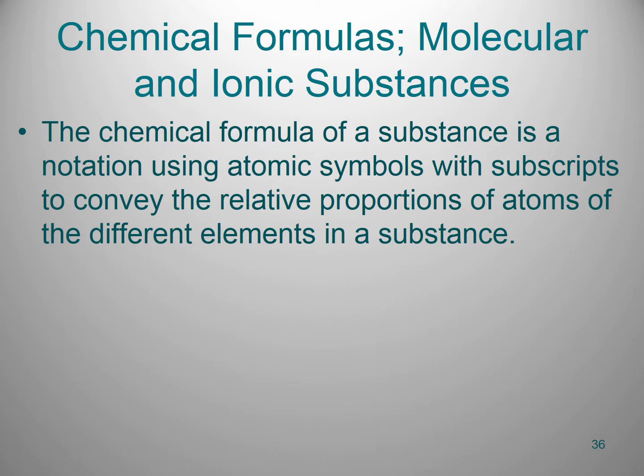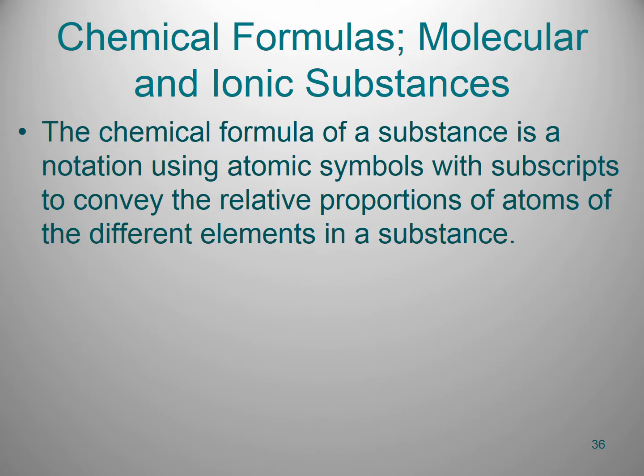All right, so chemical formulas and molecular and ionic substances. It's kind of hard at the beginning here because we need to learn a lot, but you just learn a little bit of a lot of things to get us started so that we can talk about chemistry, and then as we go through the year we'll learn a little bit more of each of these things.